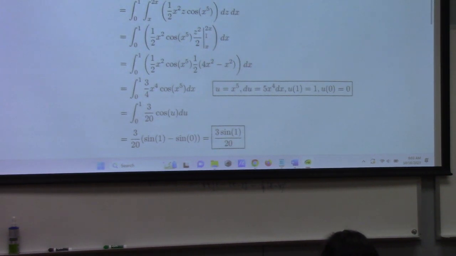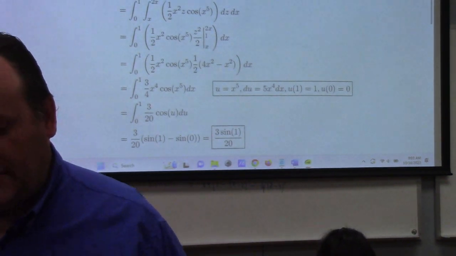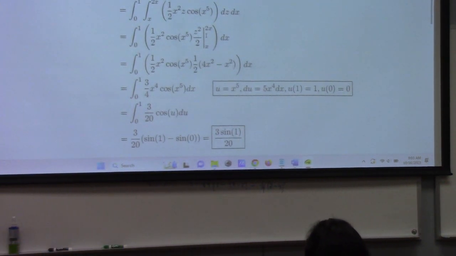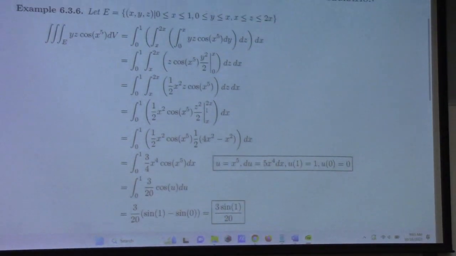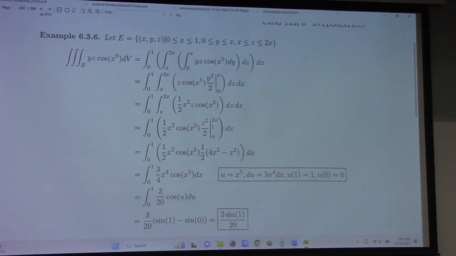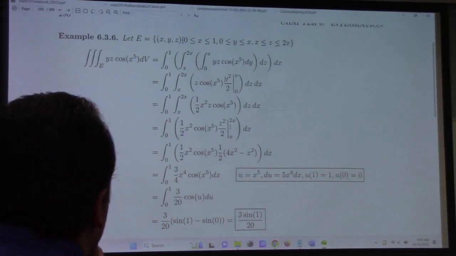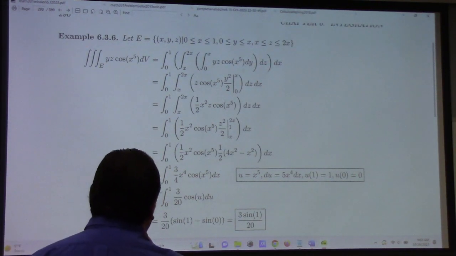So here's an example. Here our shape is less formidable. And we're graphing, well, I haven't even graphed it, have I? But if you could envision what the graph is here, could you tell me what it is? X goes between 0 and 1.